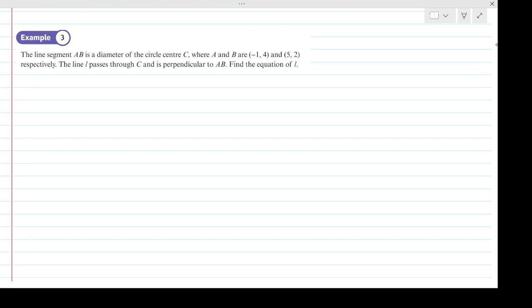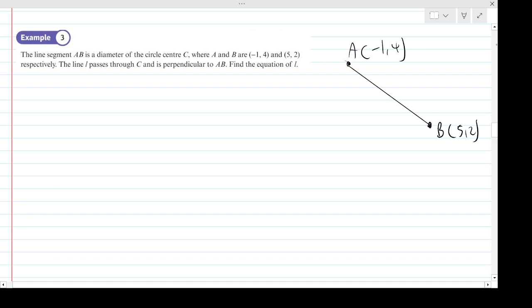So again, let's have a rough diagram of what's going on. Good idea. With this section, particularly with circles, you should pretty much always draw a diagram to help you visualize what's going on. So we have A and B, which are these points. So let's draw AB, and then draw the line connecting them. So we've got the line AB.